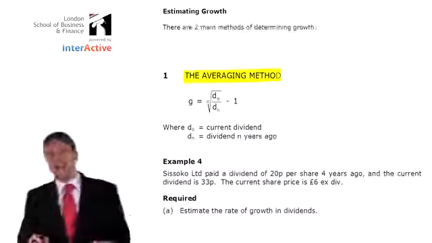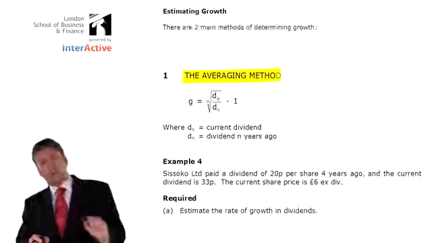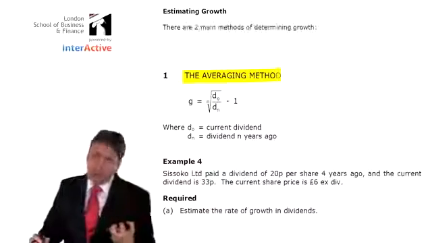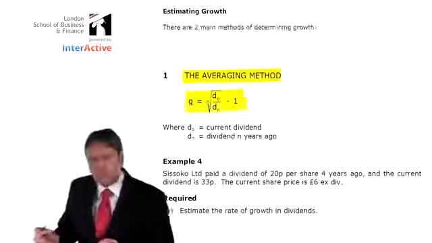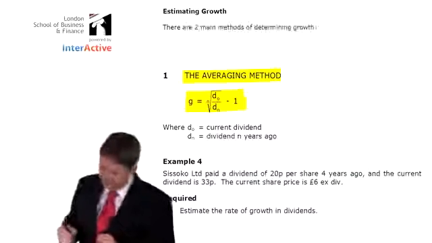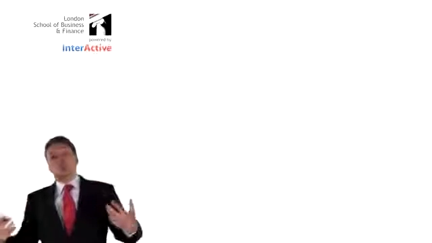and the first method is something called the average method. Well, I'll tell you what, rather than playing around with this highly sophisticated formula, shall we just briefly go away and understand where this may come from? Let's just look at a Mickey Mouse example. Let's say I was given this sort of information.